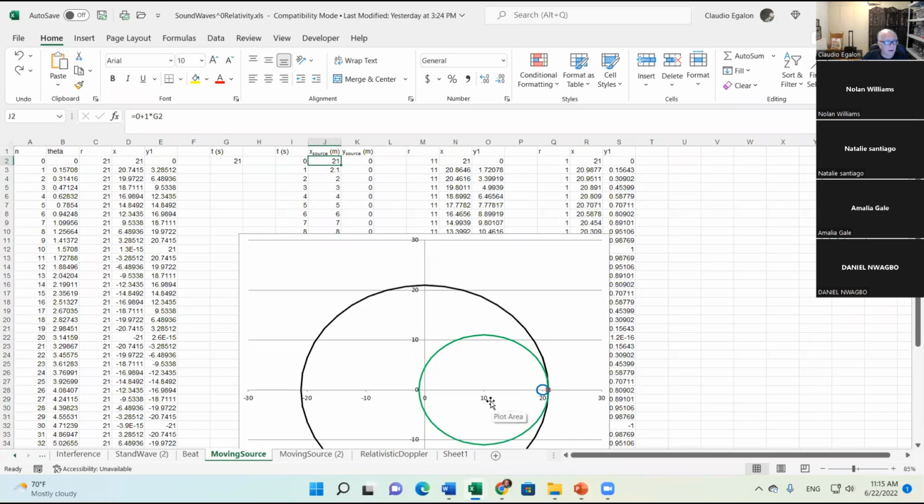Okay. And then what we have here is an angle that's perpendicular to the path of the aircraft. That's for Mach equal to 1. Okay, velocity of the source is equal to the velocity of the wave.